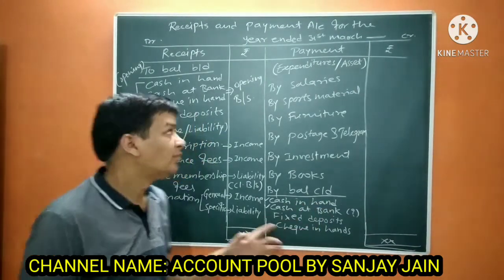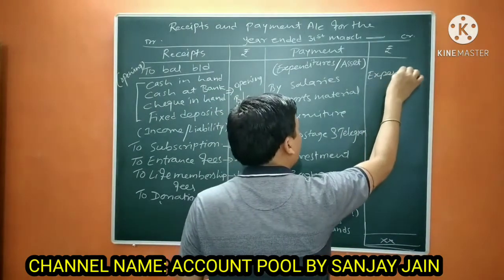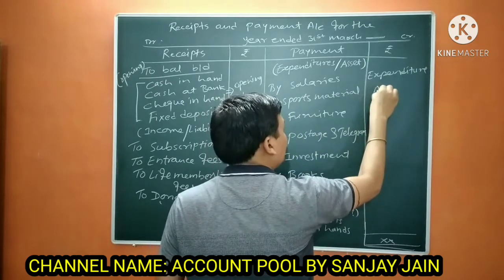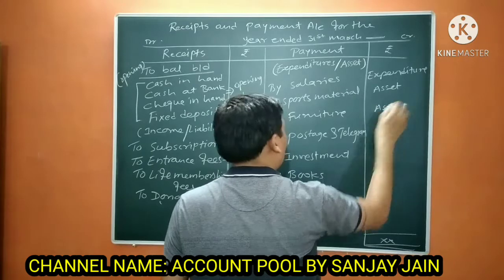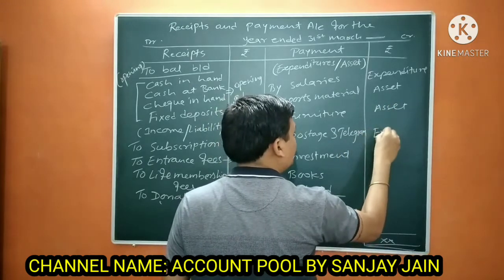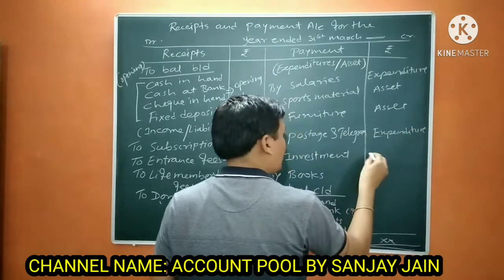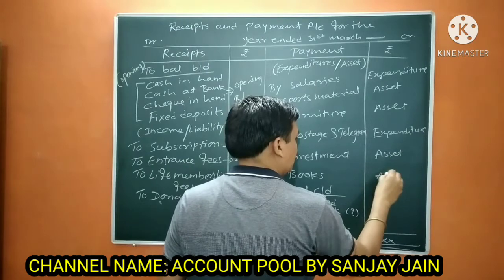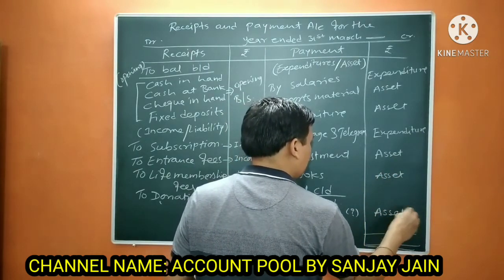You should remember. Okay, if you see, salary is our expenditure. Salary is our expenditure. Whereas sports material is our asset, furniture is our asset, postage and telegram expenditure, investment asset, books asset, and these balances are also assets.